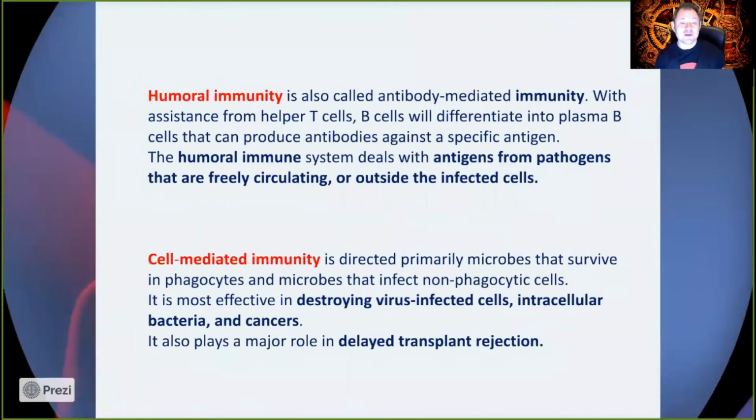Okay, so to summarize that, humoral immunity is also called antibody-mediated immunity. With assistance from helper T cells, B cells will differentiate into plasma B cells that can produce antibodies against a specific antigen. The humoral immune system deals with antigens from pathogens that are freely circulating or outside the infected cells.